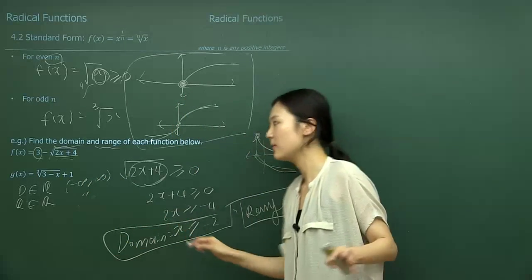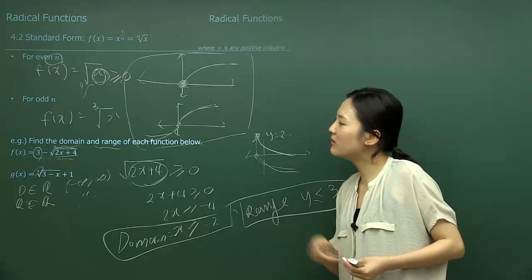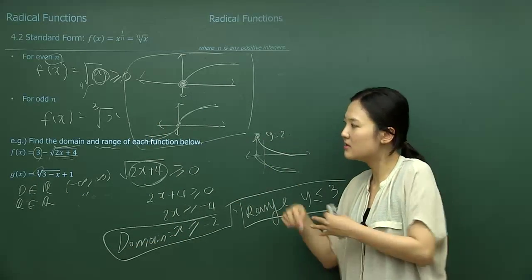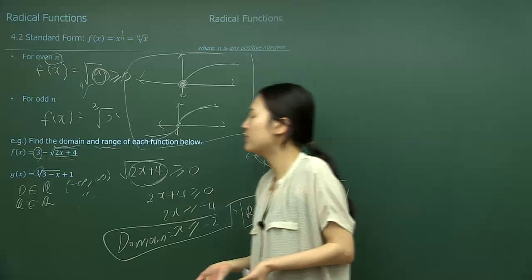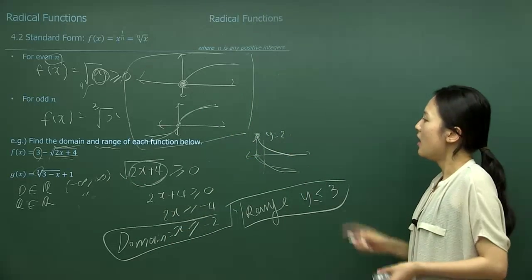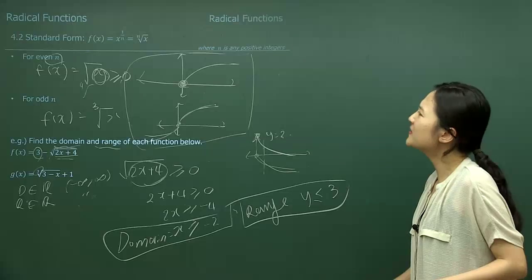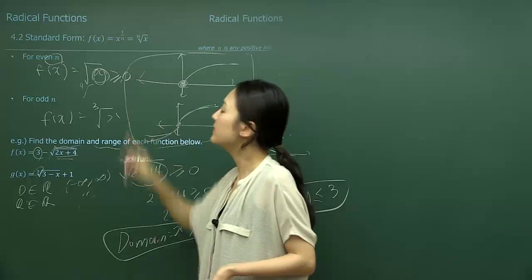Okay? Doesn't matter. So just check out what kind of radical your function has, and then look for the domain or the range, because sometimes you don't have to look for anything anyways. It's all real values. So you see how simple this can be if you just remember some details.